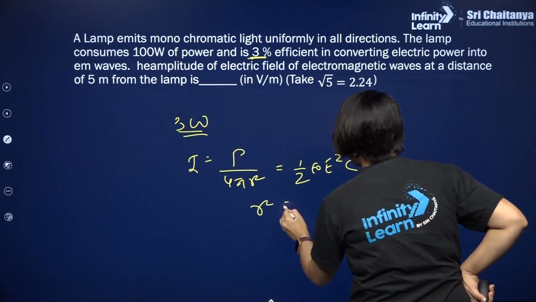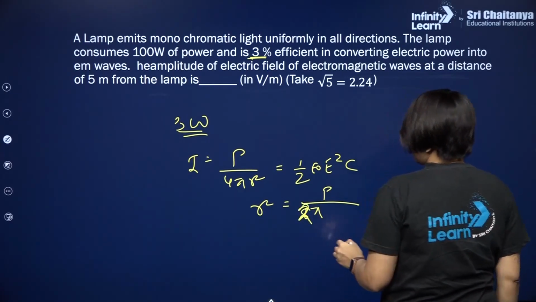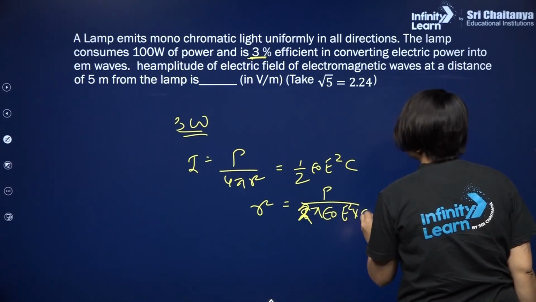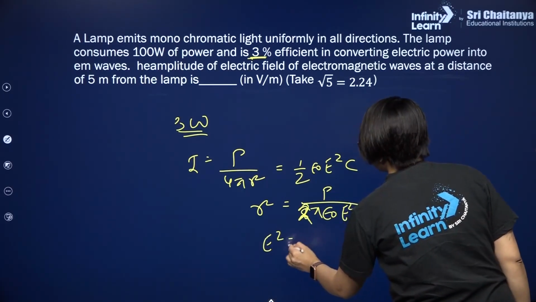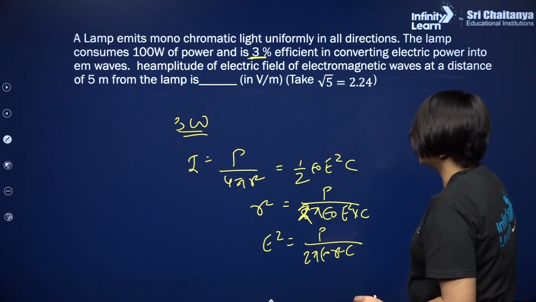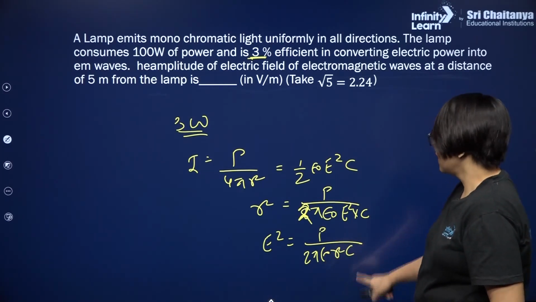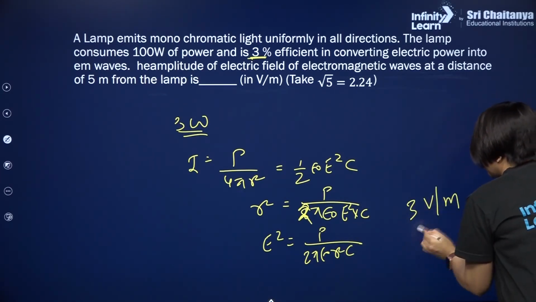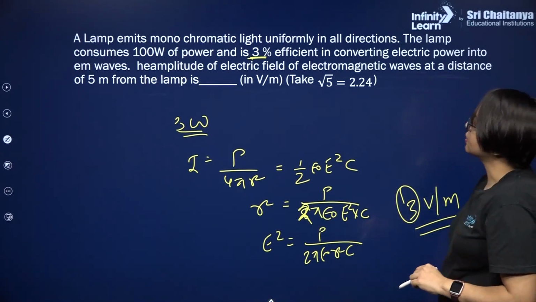So, we need to find the value of E. So, it is P upon 4 pi r square equal to half epsilon naught E square into c, right. R is given, we need to find E square. So, it is P upon 2 pi epsilon naught r square into c. Put the value of P as 3, 2 pi as 2 pi, epsilon naught 8.85 into 10 power minus 12, r is 5 and c is 3 into 10 power 8. So, over here E naught will be approximately 3 volt per meter, right. So, correct answer is 3.